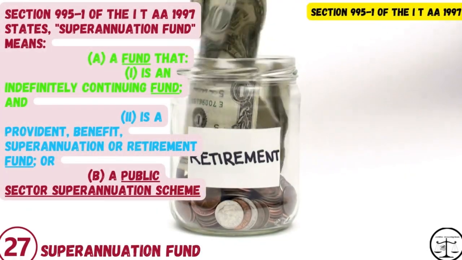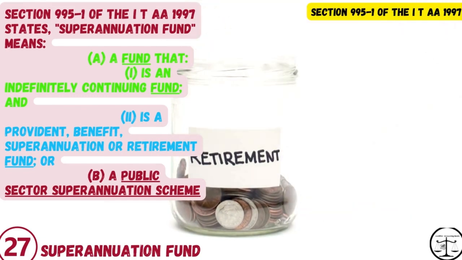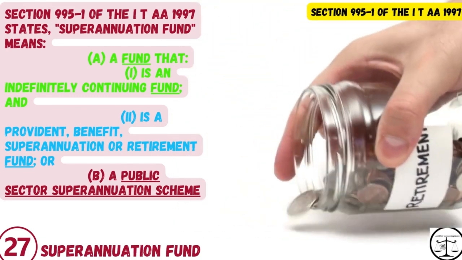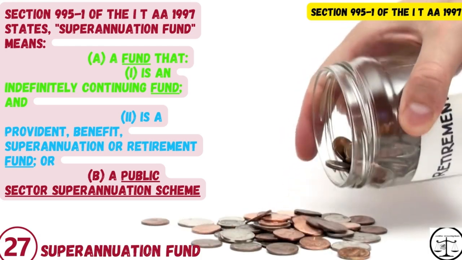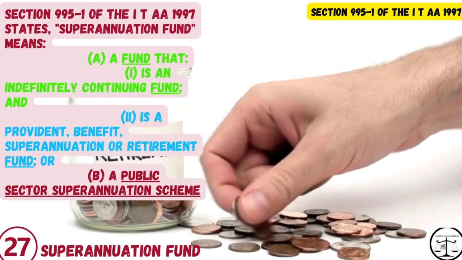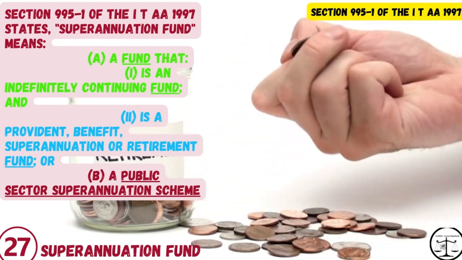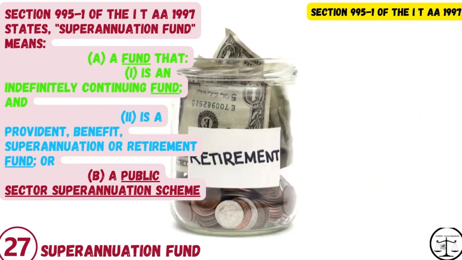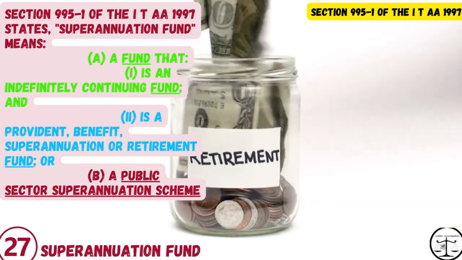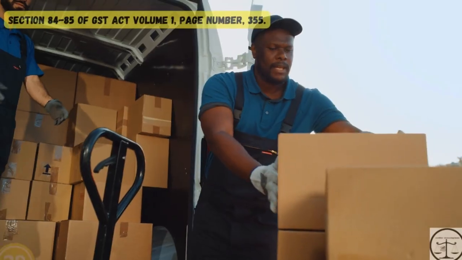Section 995-1 of the ITAA 1997 states, superannuation fund means A. A fund that 1. Is an indefinitely continuing fund, and 2. Is a provident benefit, superannuation or retirement fund, or B. A public sector superannuation scheme.